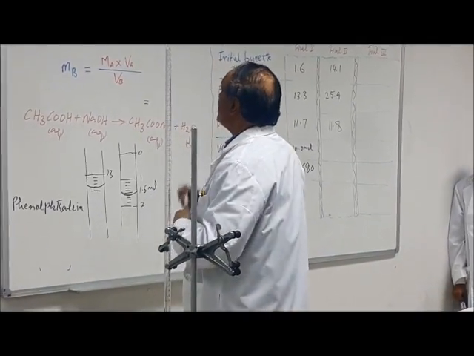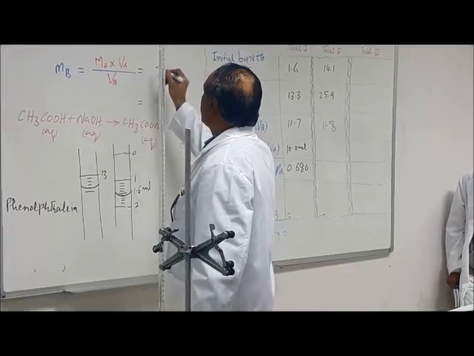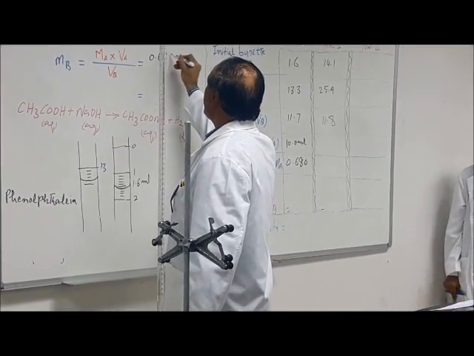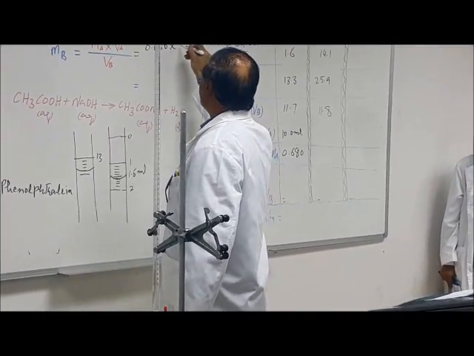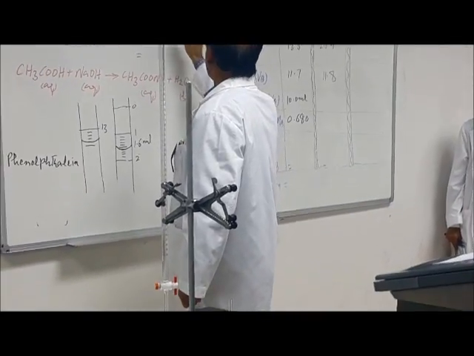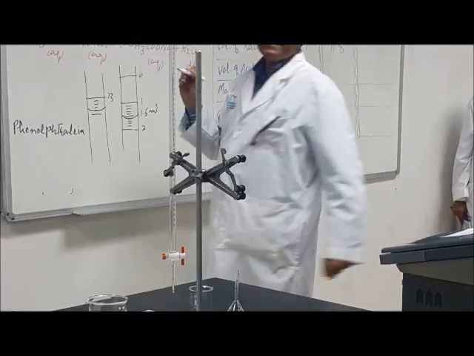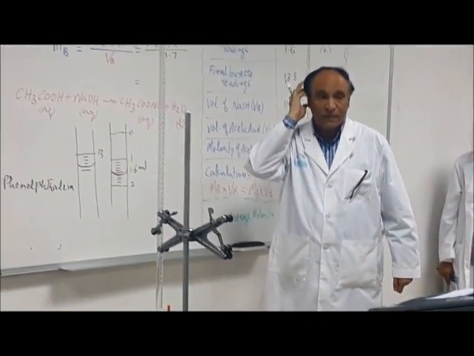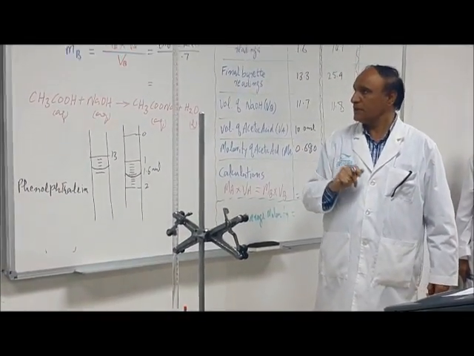Now, what is the molarity of the acid? 0.680. Volume is how much? 10. Volume of the base is how much? 11.7. Anybody has a calculator? Do the calculation, please.